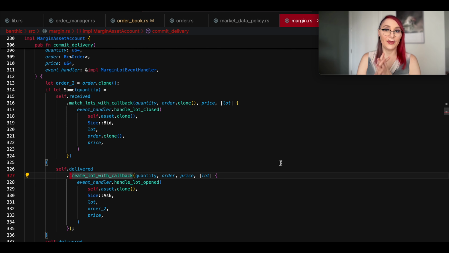So you can see how simple the logic of lot matching is when you write it in Rust. Everything is logical, split into little bits, little pieces. So you have the margin manager, which manages all the user accounts. Then a user account has subaccounts for assets. Then each asset has a received and delivered side, and each side has a queue of lots that are open and a queue of lots that are closed.